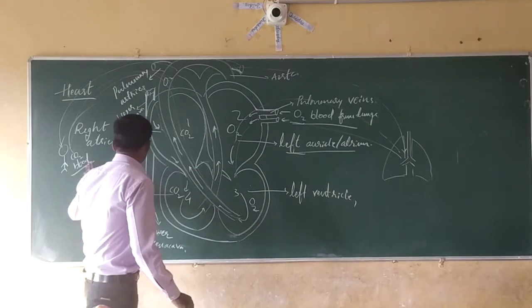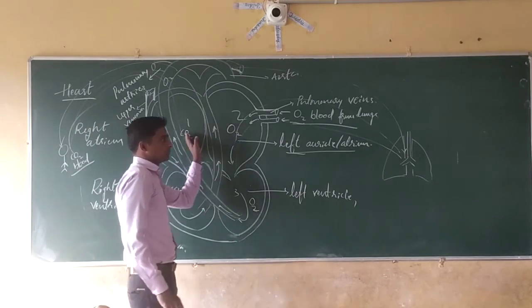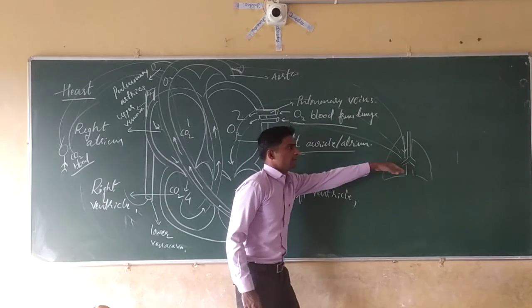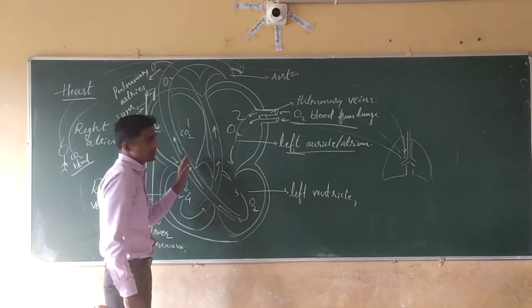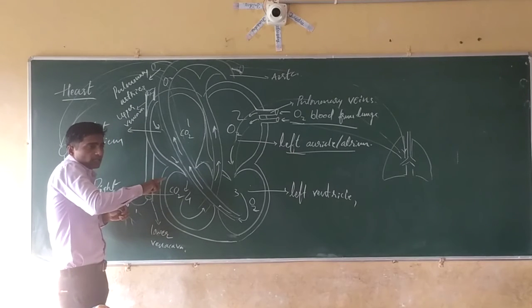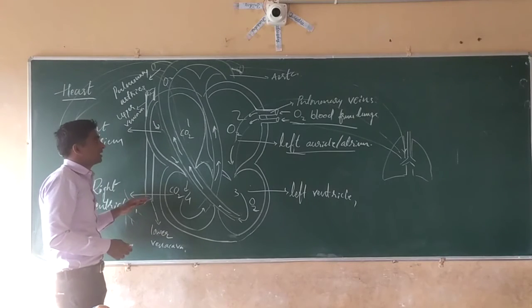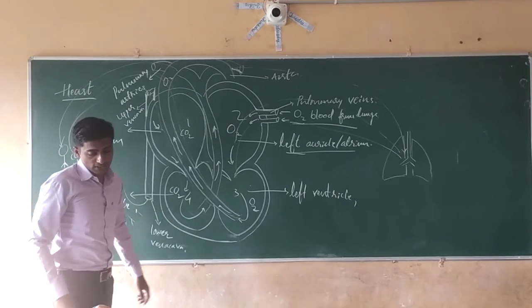First, from the body, it will enter the heart. Again, it will go to the lungs. Again, from the lungs, it will go back to the heart. It means for each circulation, the blood passes twice through the heart. That's why we say double circulation.